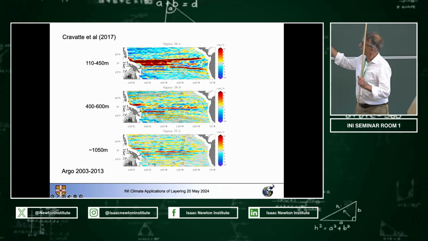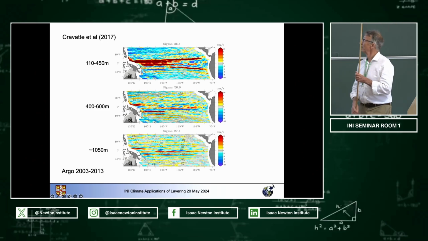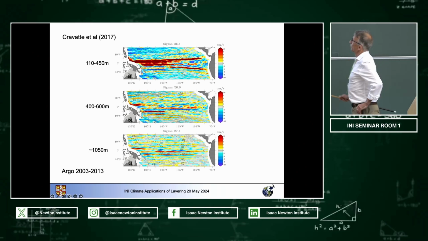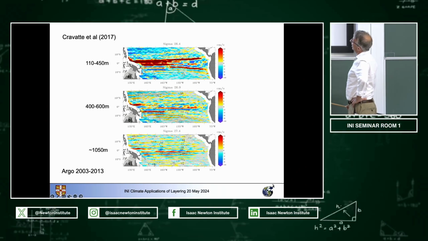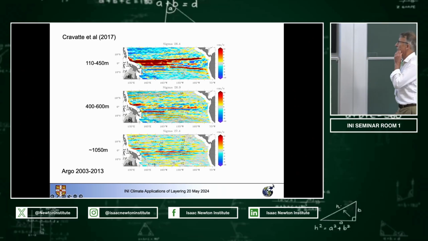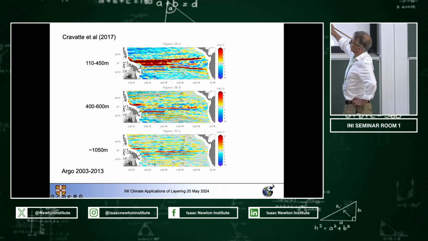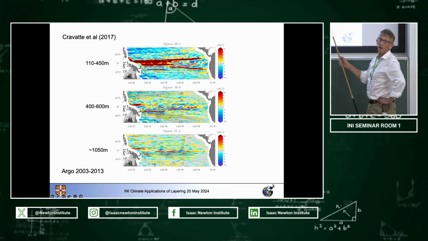I think the point about this work was that it made use of a longer term, more coherent data set. In this paper, Cravatte et al. 2017, they were using two different data sources to show that there were persistent jets in the low latitude ocean. So we're now looking from 15 south to 15 north.